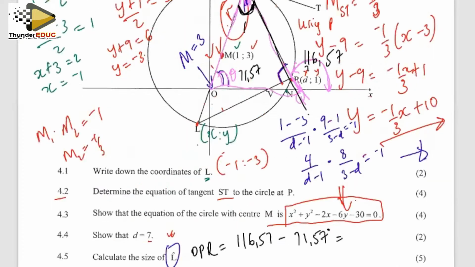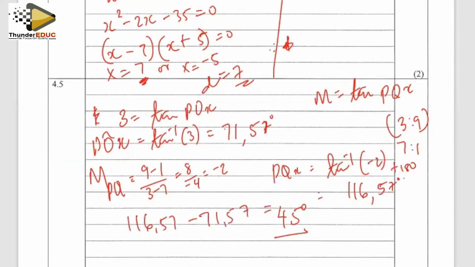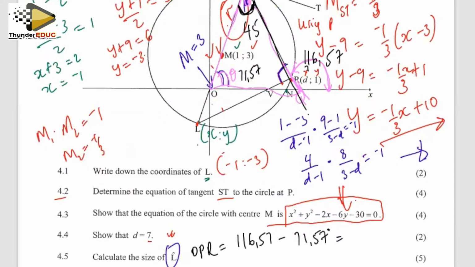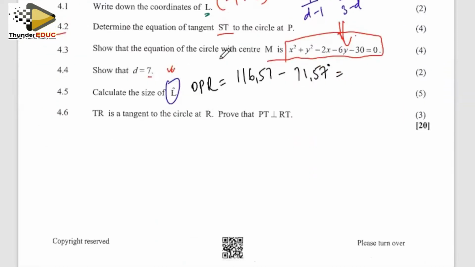Okay, so if this is a 45, but we're saying that PRL is a 90, that is angle in a semicircle, which means that L is also going to be 45, angles in a triangle, because 45, 90, then this must also be a 45. All right, that is how I would have approached 4.5.